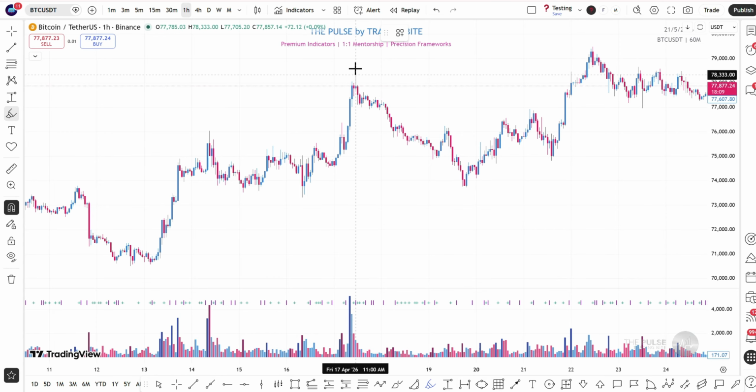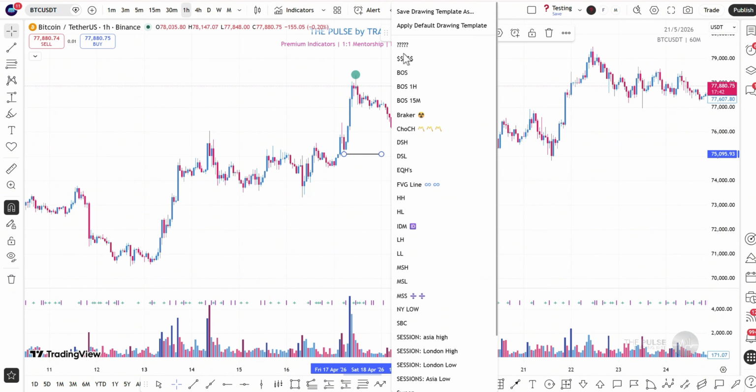I'm going to mark this as our high point, and now we have to look, because this is the buying side, a buying trend or buying structure, for a valid inducement, and valid inducement will always be on the left side, on the downside.